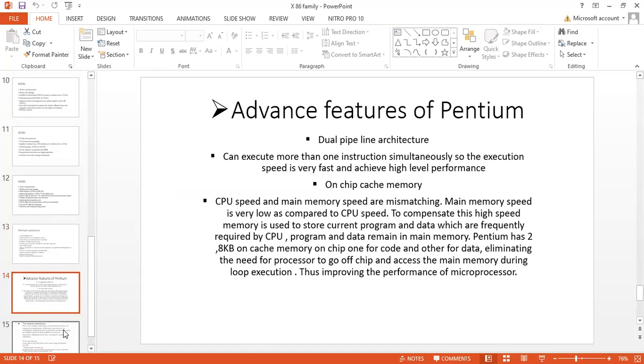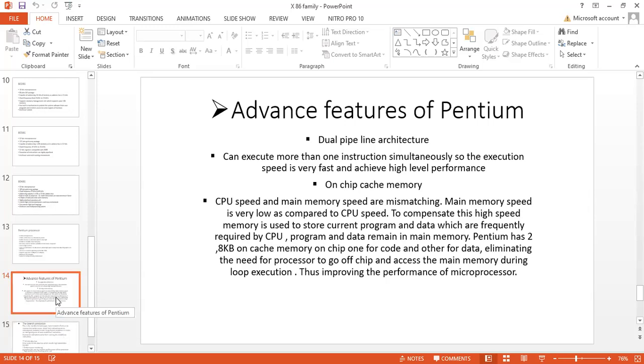Then usually they ask you about the advanced features of Pentium. Okay. So in case of advanced features of Pentium, what you have to write, they will ask you mainly only four points. One is dual pipelining, on-chip cache, branch prediction, and 64-bit data bus.